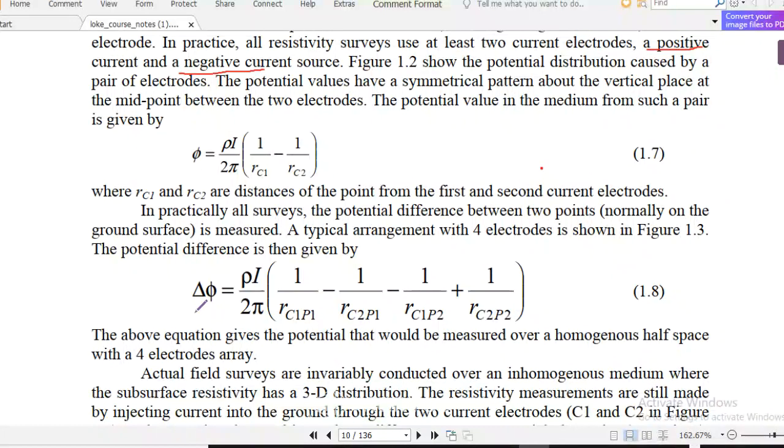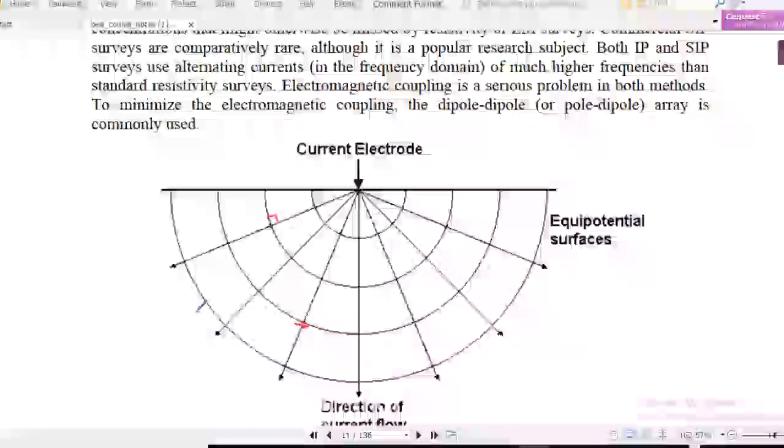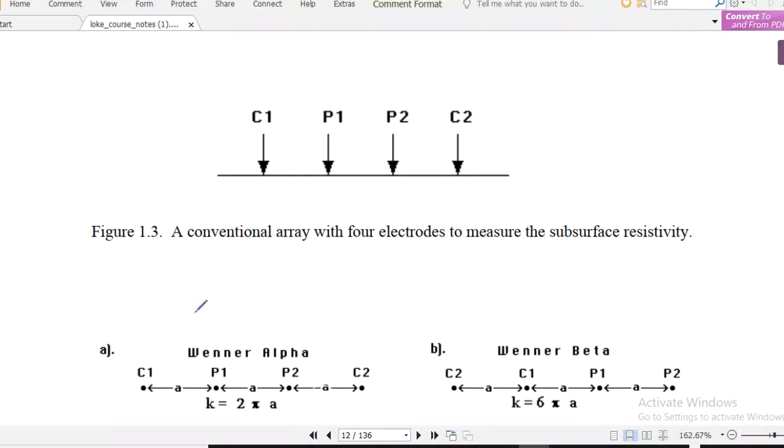The total potential drop is at 2 points: C1 has a potential at P1 and at P2, and C2 has a potential at P1 and at P2.